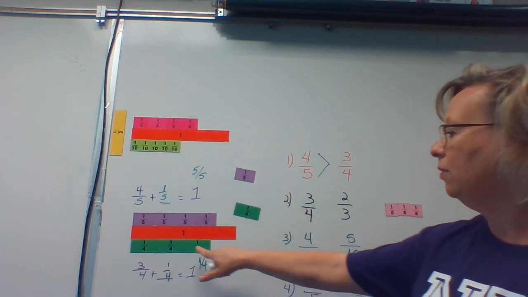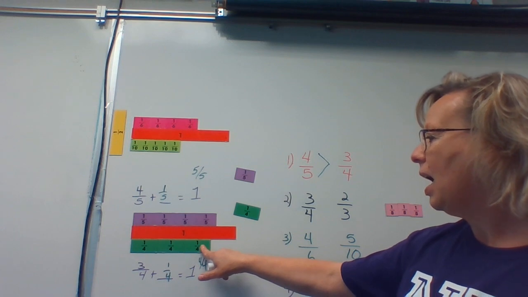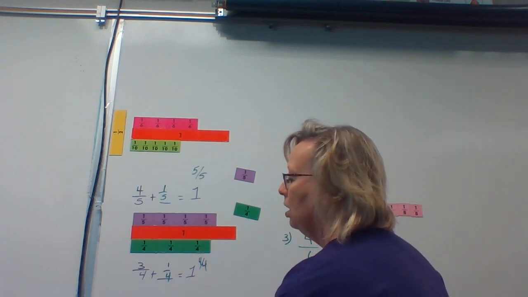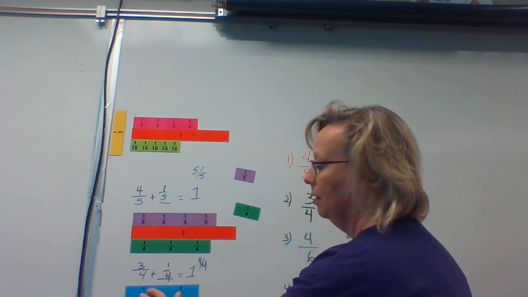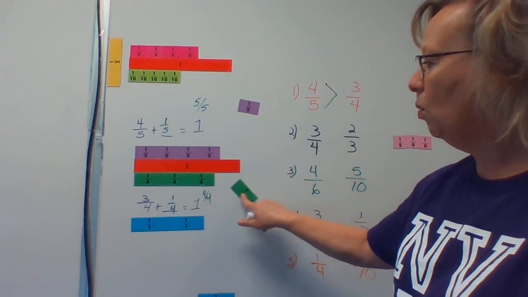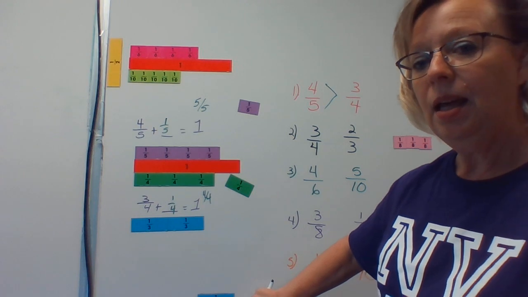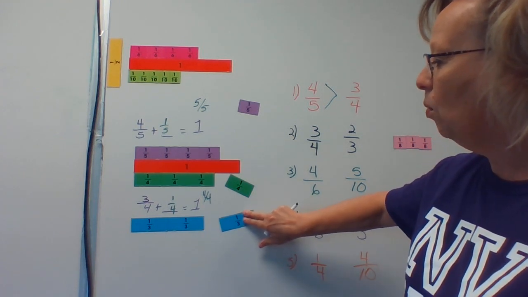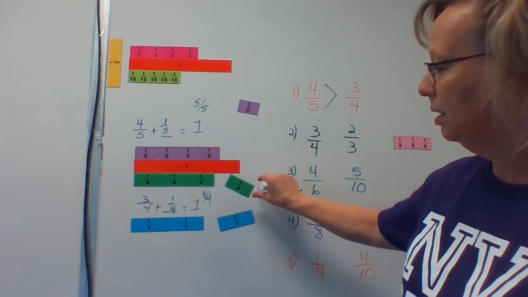Let's look at 3/4 right here. And I want to compare it to 2/3. Okay, so I know this is missing 1/4 of a piece. The 2/3 is missing 1/3 of the piece.